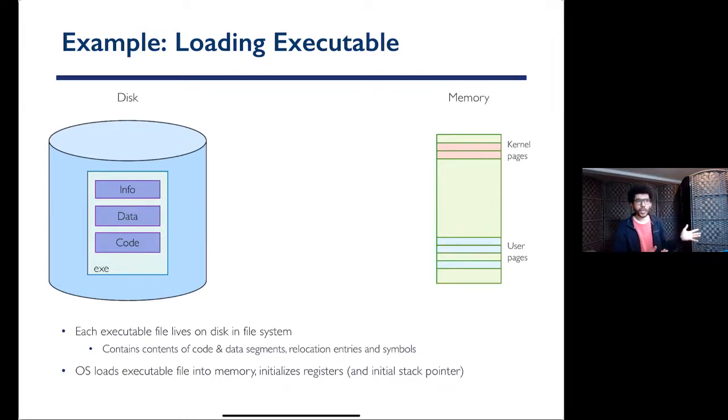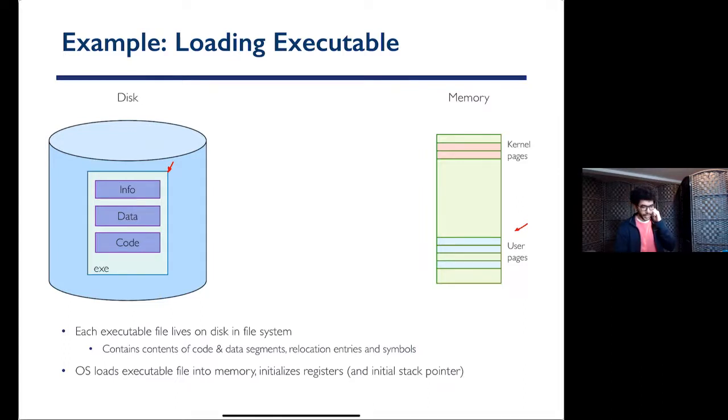Maybe we want to initialize them all to 0. Initialize the stack pointer, so maybe we want to give a stack to this process. A stack is not here at this point when you have the executable image. When you start executing, then you want to allocate the stack.